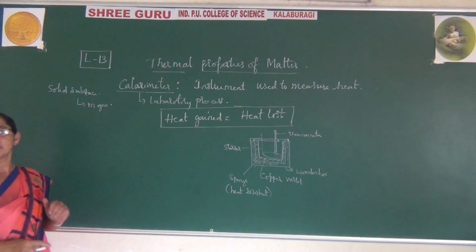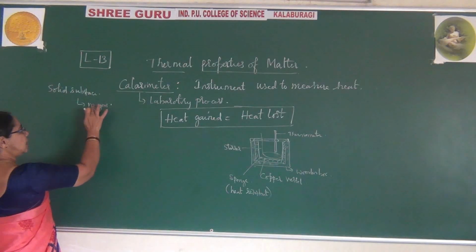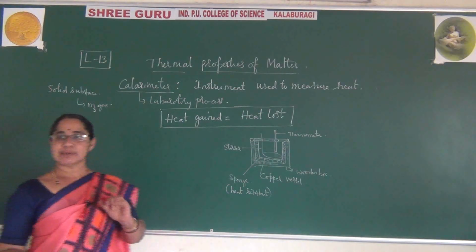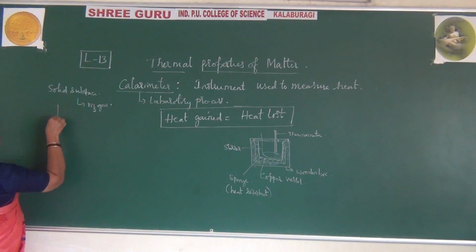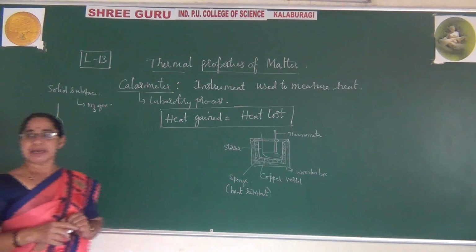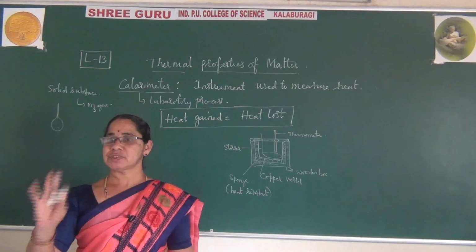For your reference, this is ms, meaning the mass of the solid substance. We take the solid substance in one container like this. First we measure the mass of the solid.